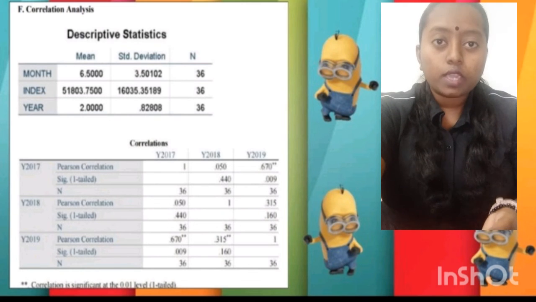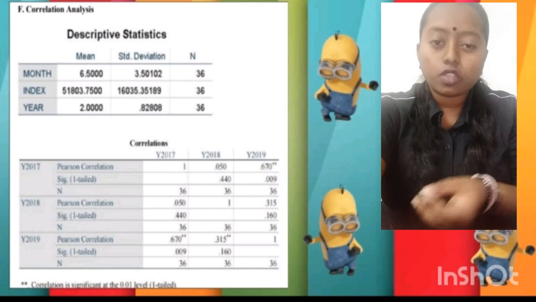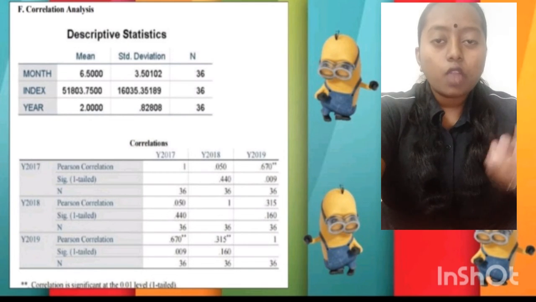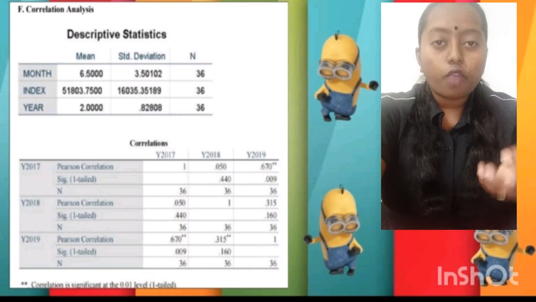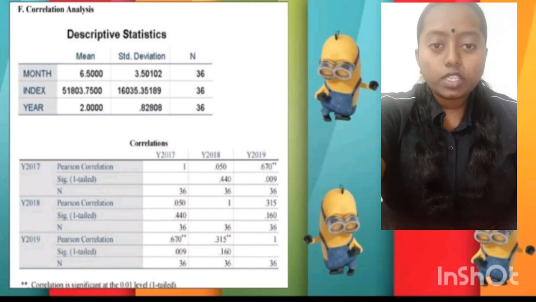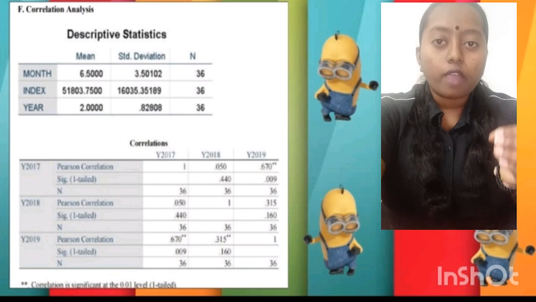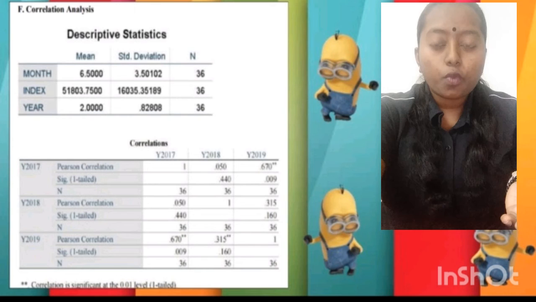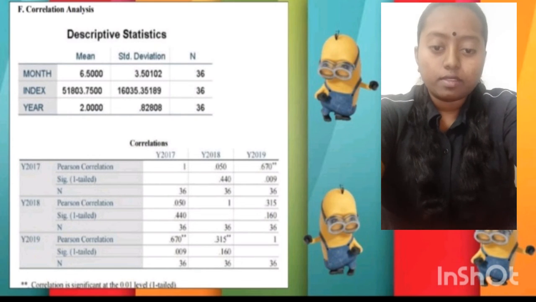Meanwhile, there is a weak positive correlation between year 2017 and year 2018, and the R value is 0.050, which is less than 0.85. Perhaps there is no problem of multicollinearity.